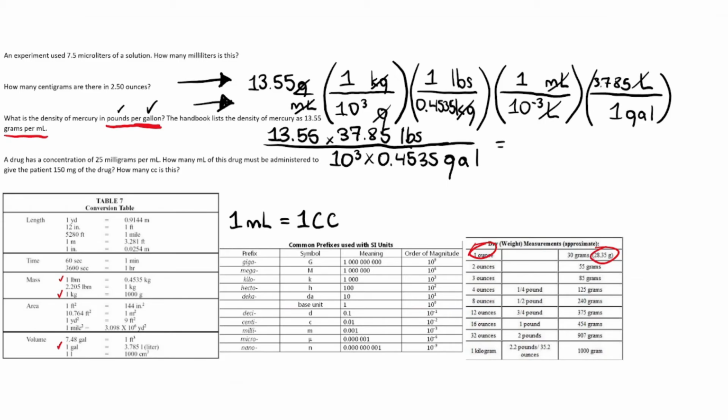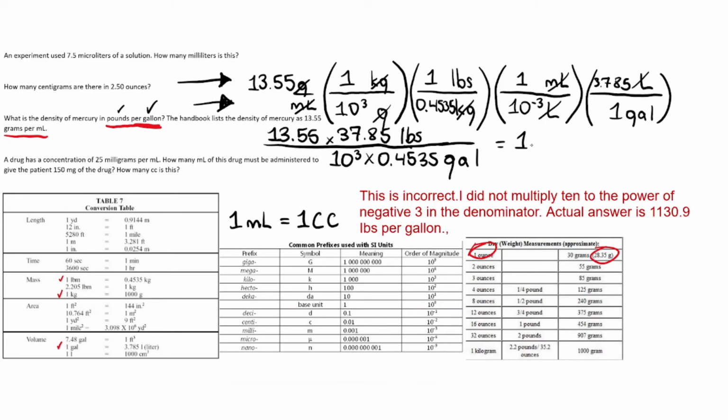That equals 1.13 pounds per gallon. And that's how you do that one. Okay, let's go to the next question.